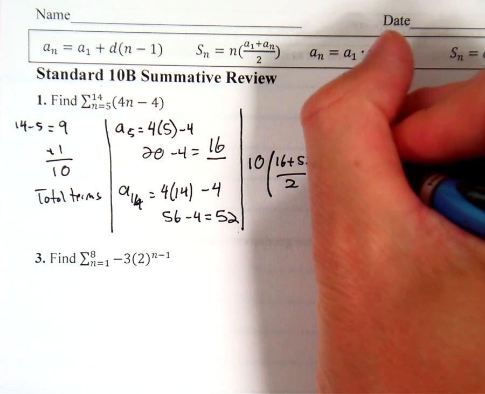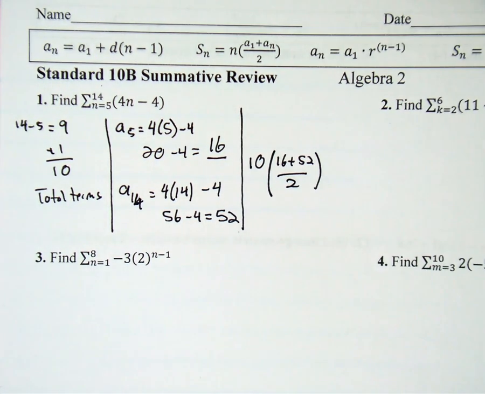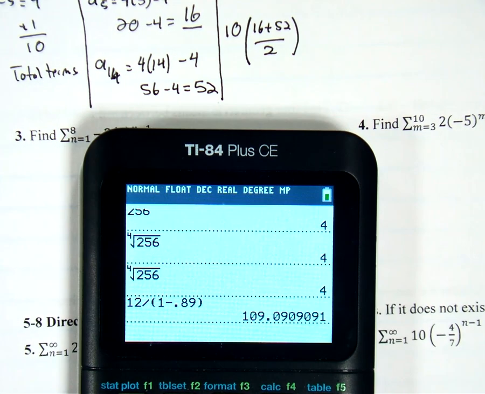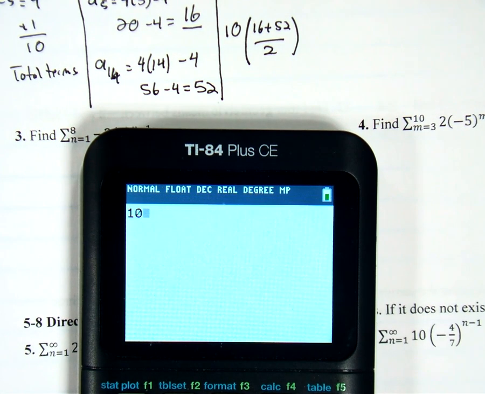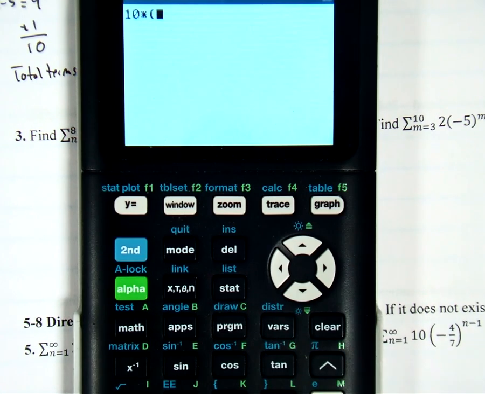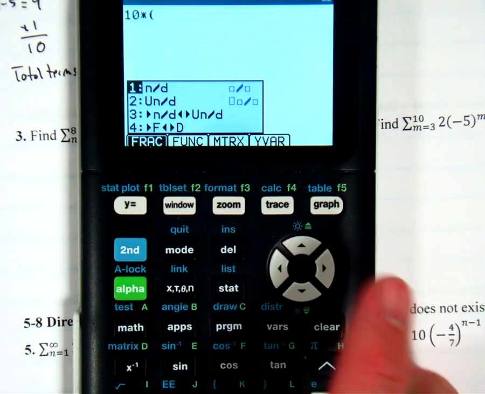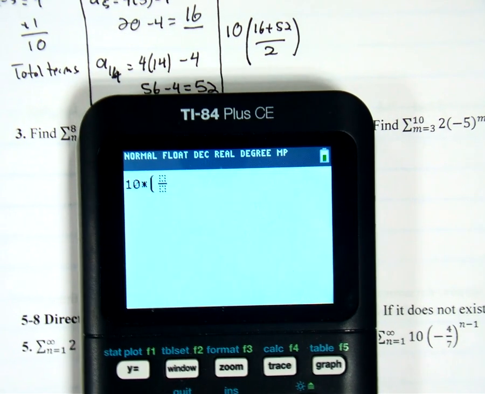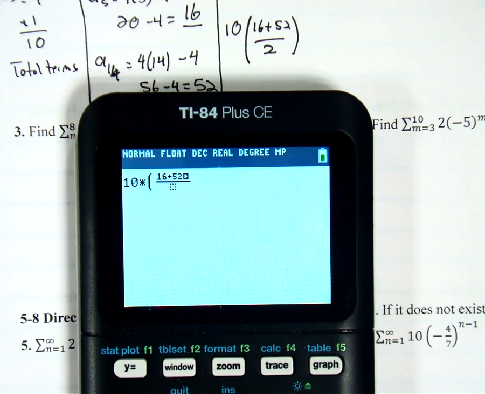Okay, a couple ways we can type that in. We can do 10 times parentheses and then do our fraction bar. Fraction bar is going to be alpha y equals. We'll take the first one. And we can do 16 plus 52 on the top and 2 on the bottom. Close your parentheses.